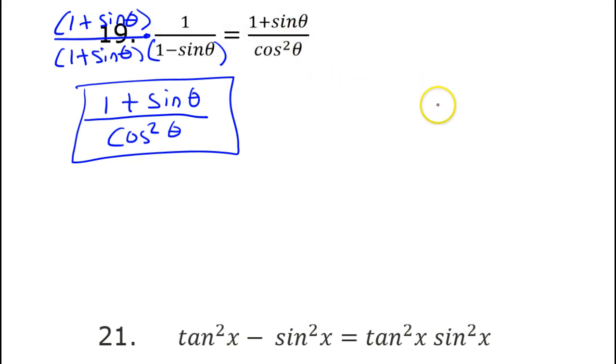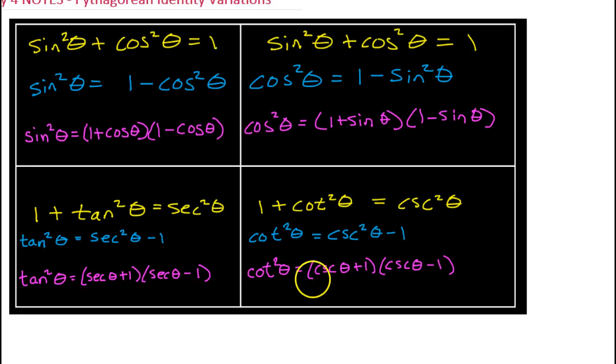Imagine I had done the right hand side. Then I would have had 1 plus sine theta over cosine squared theta. We're used to writing cosine squared theta as 1 minus sine squared theta, but let's use this instead because of what we saw on the other side of the equation. Let's write 1 plus sine theta times 1 minus sine theta.